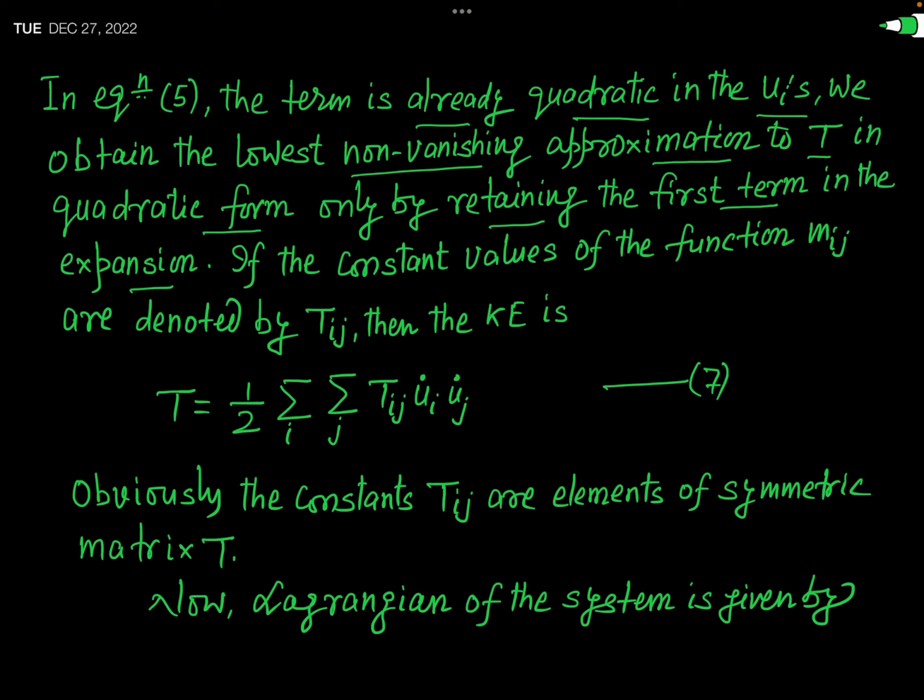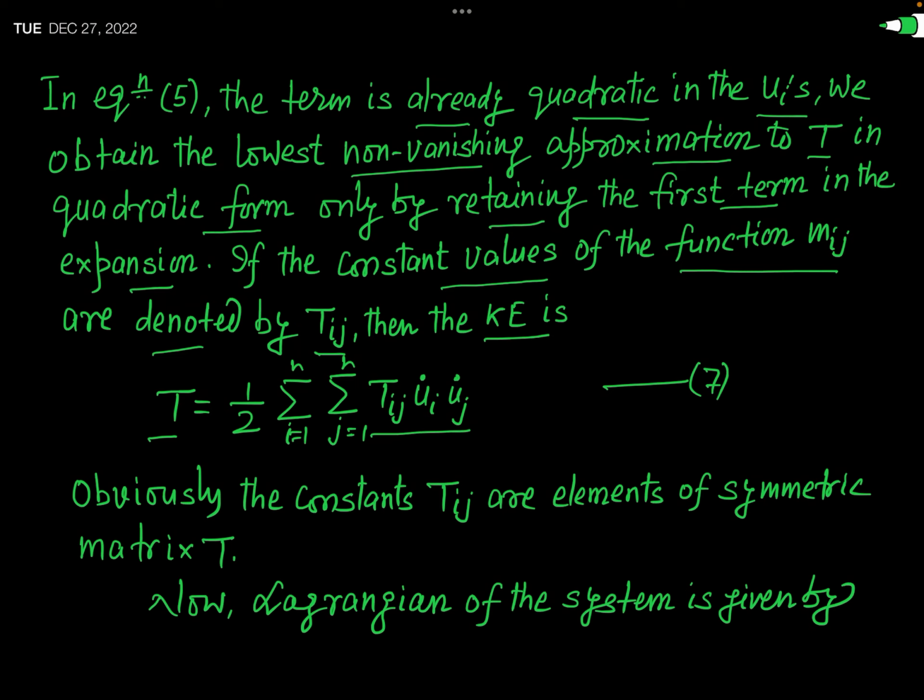So if the constant values of the function Mij are denoted by Tij, then the kinetic energy T is 1 by 2 summation over i from 1 to n, summation over j from 1 to n, Tij ui dot uj dot.